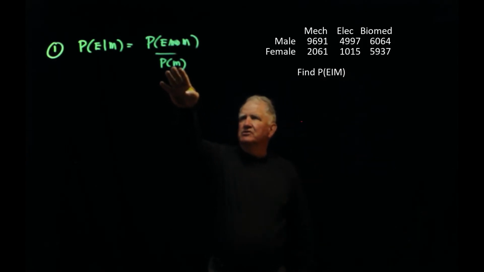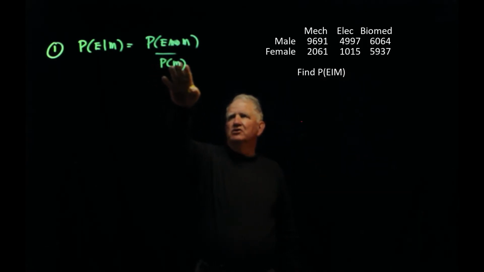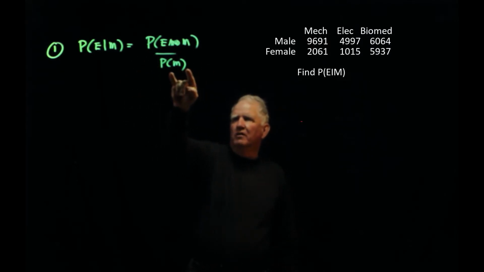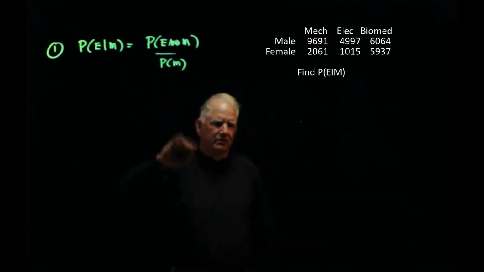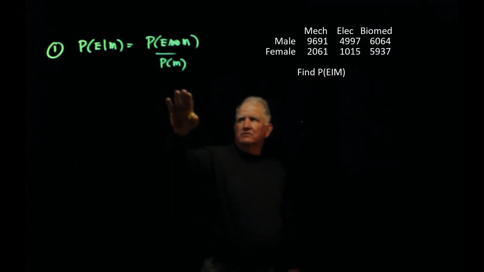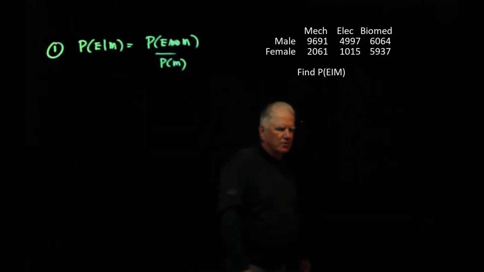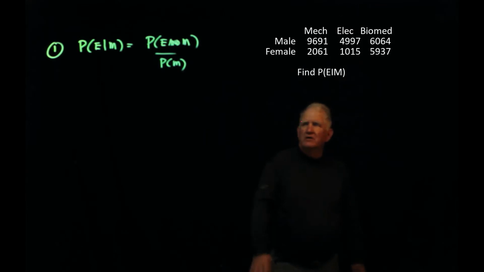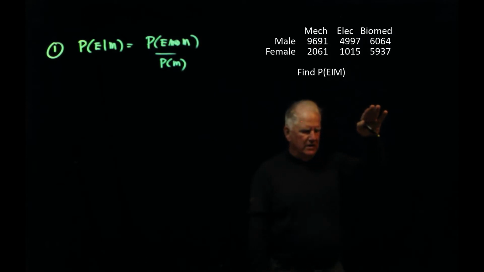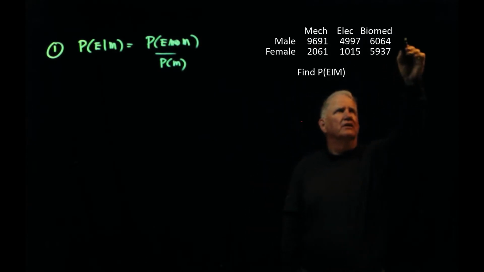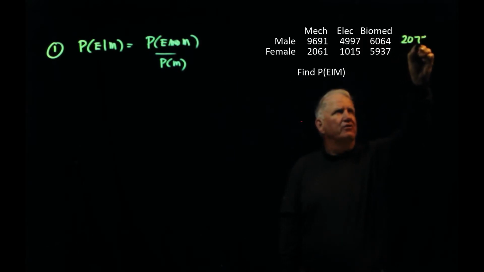Oftentimes, by the way, I tend to show this strictly in the kind of multiplicative form, where I take that denominator and put it over there. But there's the way to isolate the conditional probability part of this. So if we're going to calculate those things, I'm going to need to do some totals. I've done these before. I'm not going to do them again. The total number of males here is 2,752.